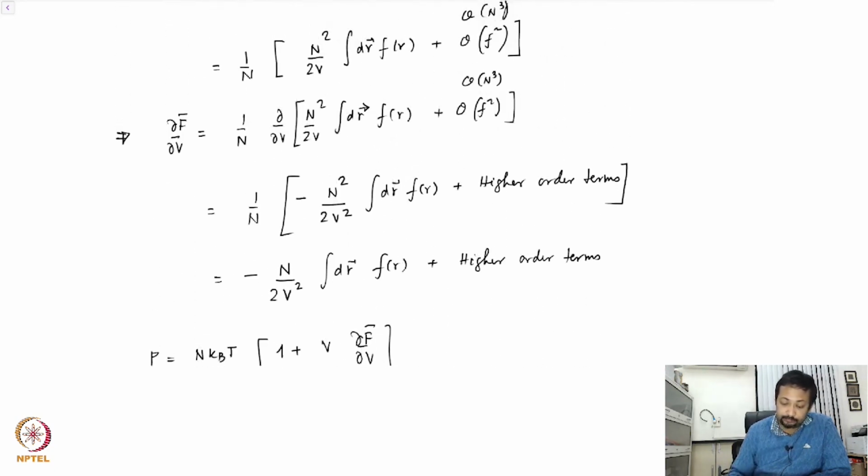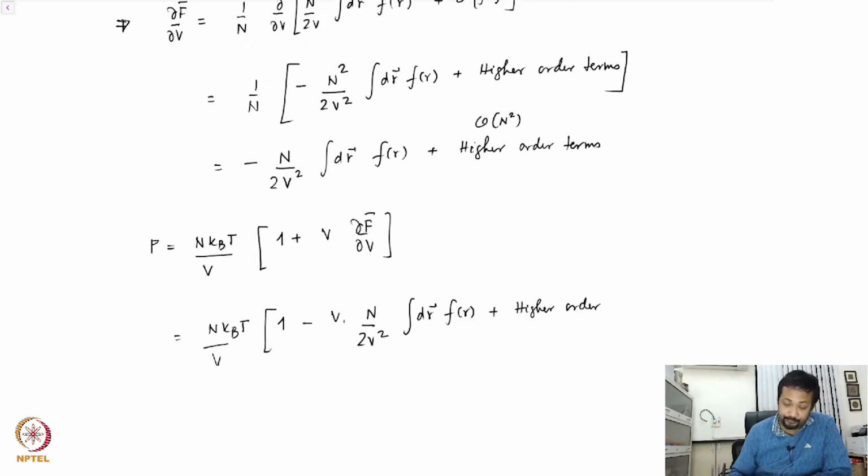Let's go back a step, and you see that I have a 1 by N. So if this was of the order of N cube, then this is of the order of N square, right?